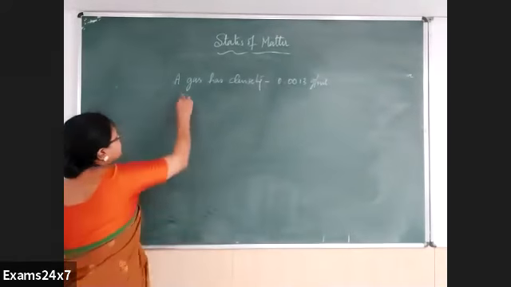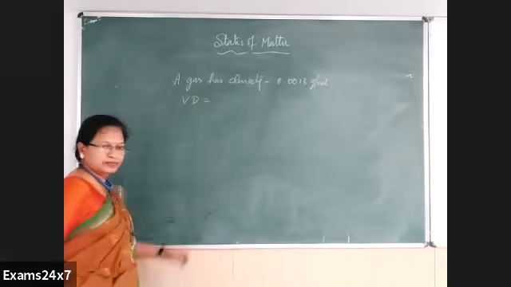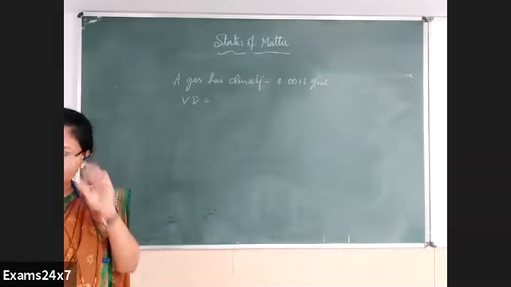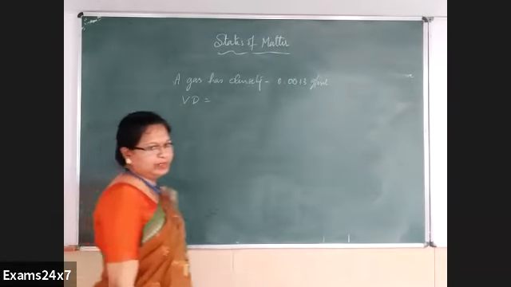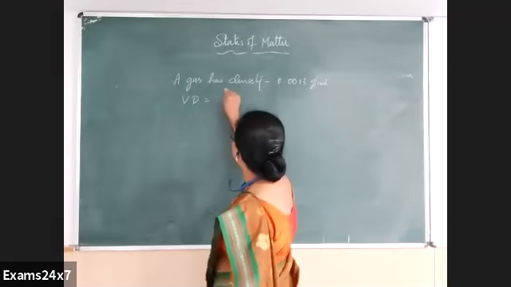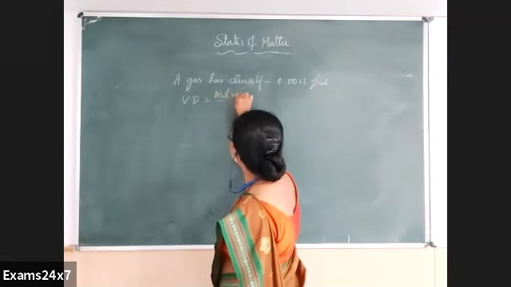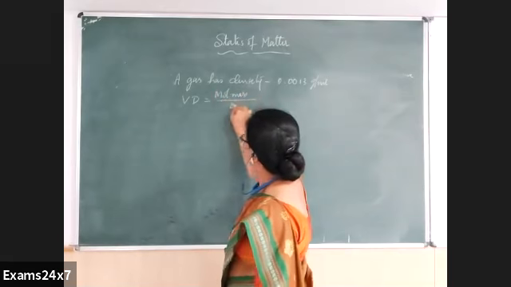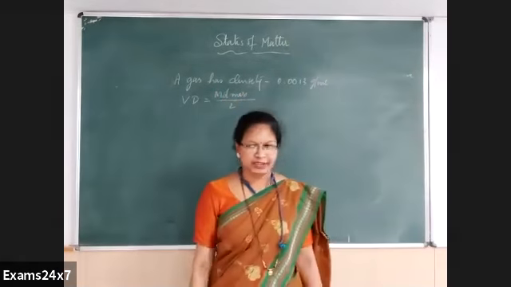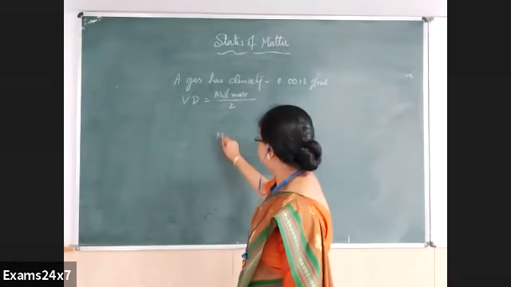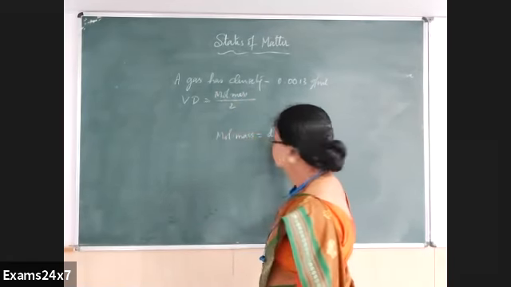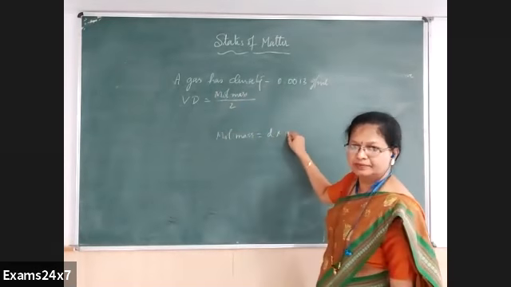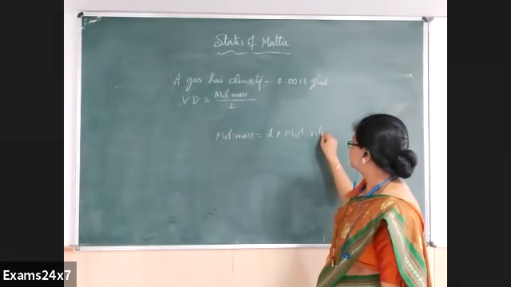Find its vapor density. What is the relation of vapor density with molar mass? Molar mass equals 2 into vapor density. So vapor density should be molar mass by 2. Same as earlier case, find the molar mass using density. Molar mass equals density into molar volume.